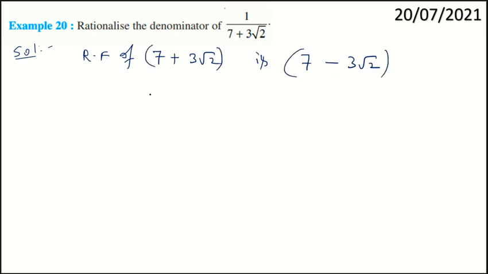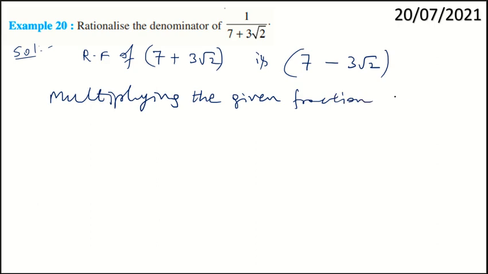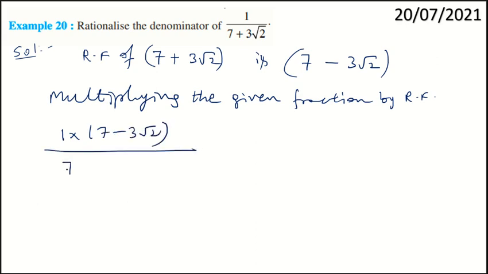Now we will multiply the given fraction by the rationalizing factor. We get 1 into 7 minus 3 root 2 upon 7 plus 3 root 2 multiplied by 7 minus 3 root 2.